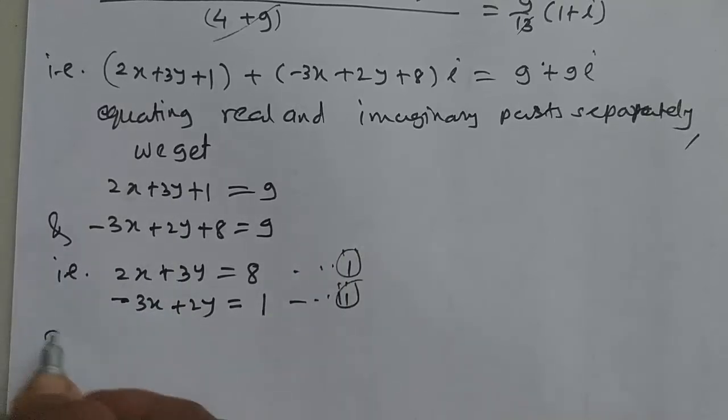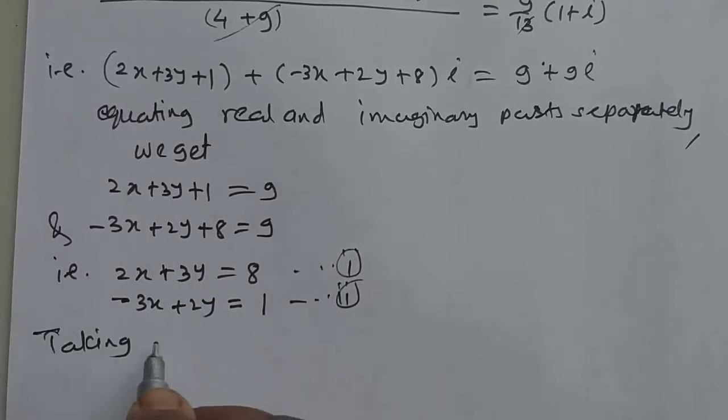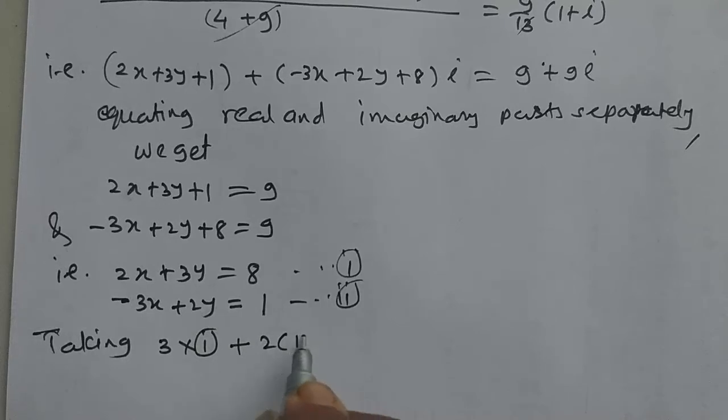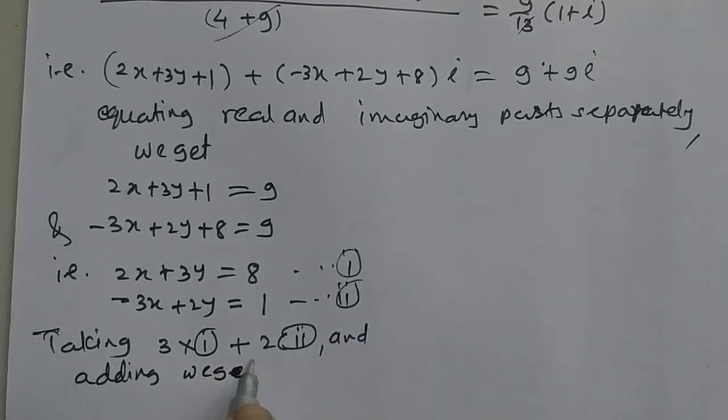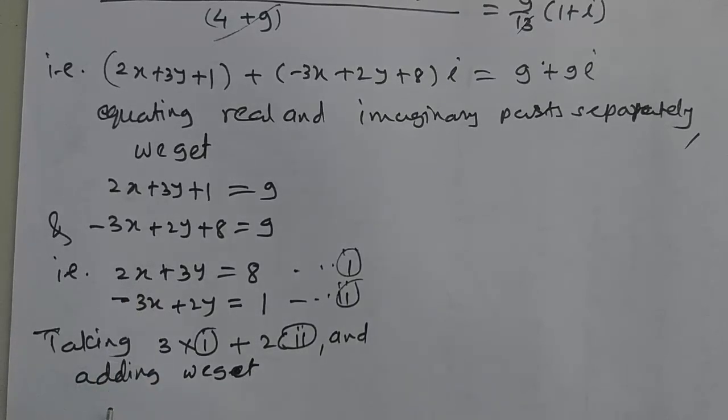So, taking 3 into equation number 1 plus 2 into equation number 2 and adding, we get 6x plus 9y is equal to 24, and minus 6x plus 4y is equal to 2.